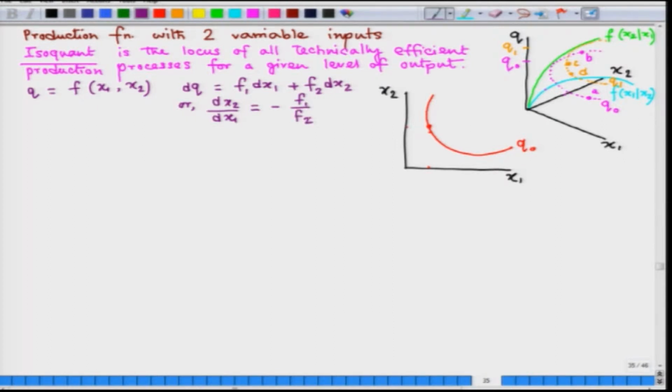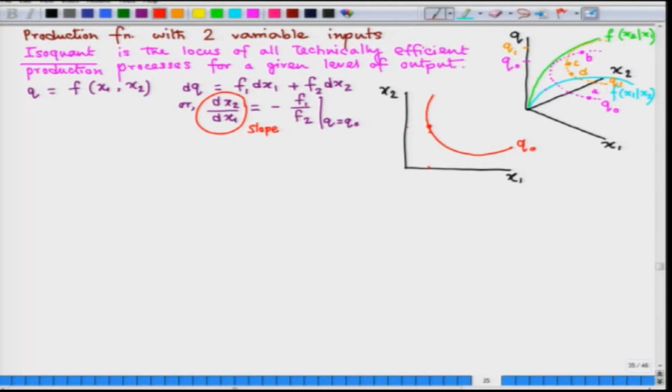this is the slope of the isoquant, and generally when we write slope, as this is for a specific level of output, we write that as well, say Q equal to Q naught, that is more proper. So, now let us make a comment on the slope.